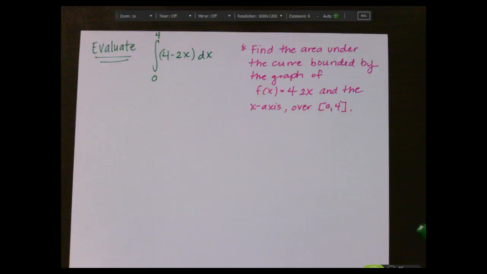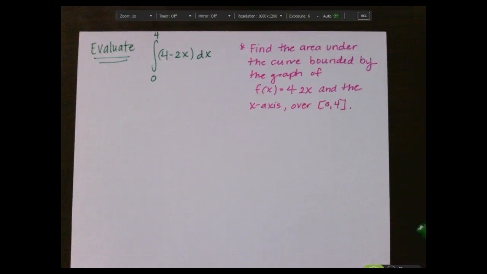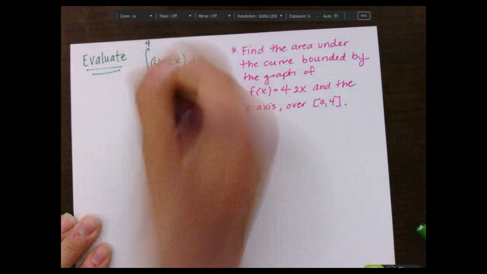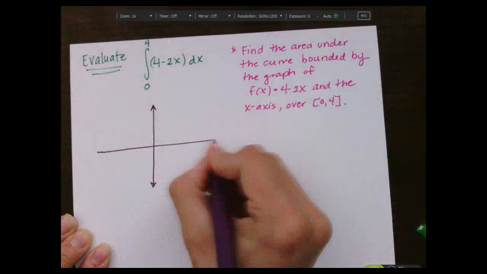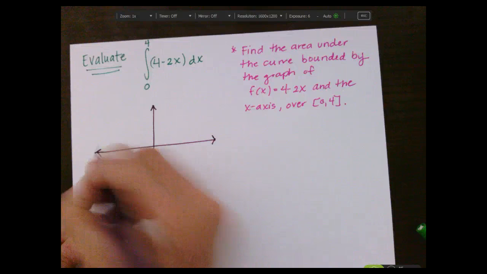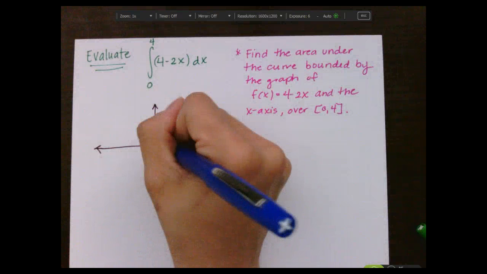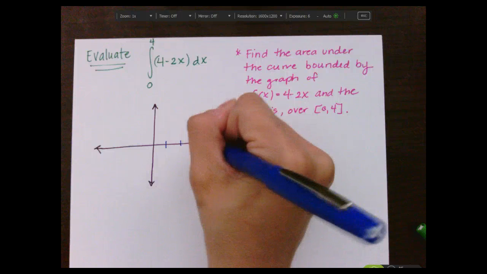So what I'm going to do first is create a graph. And the more accurate you can be with your graph, the better. Graph paper is the best way to go for sure. On my x-axis, I know I'm going from 0 to 4.